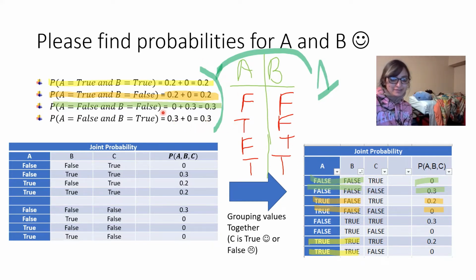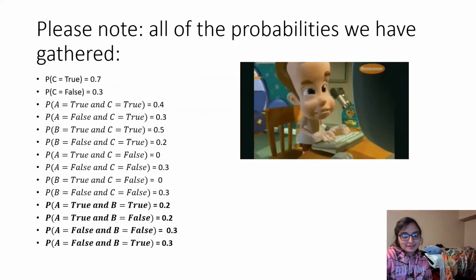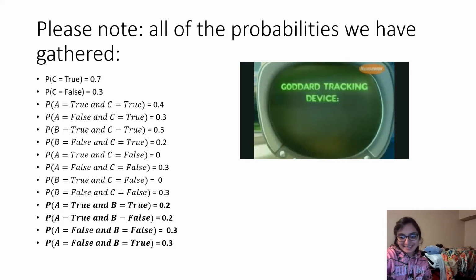And now if we add all of these up together, we have 0.2 plus 0.2, which is 0.4, plus 0.3, 0.7, plus 0.3 is 1. So this adds up to 1, which is great. Yay, we won! So please note all of the probabilities that we have gathered.